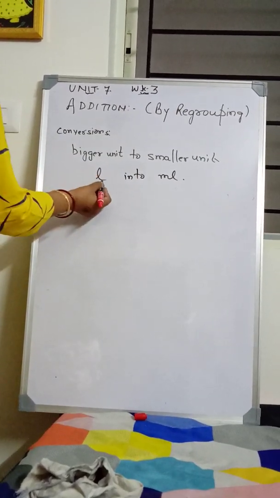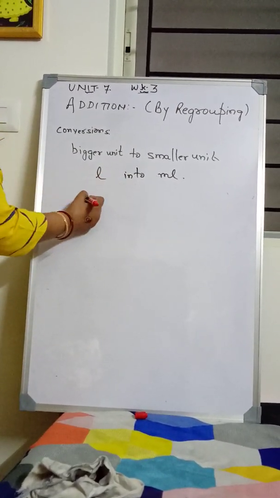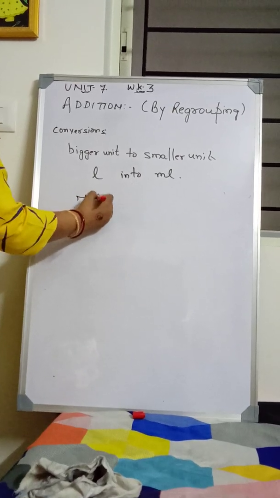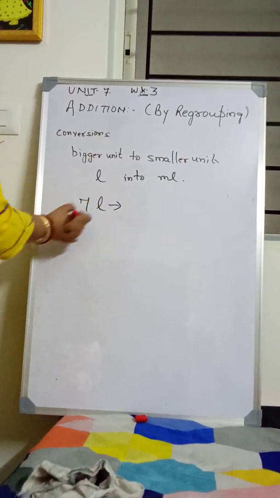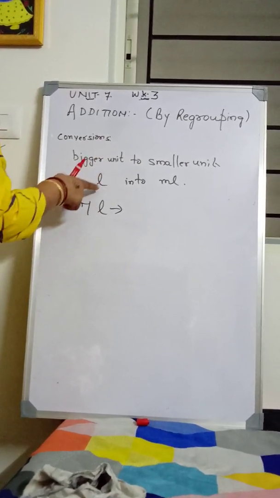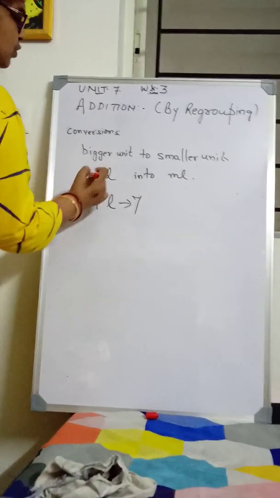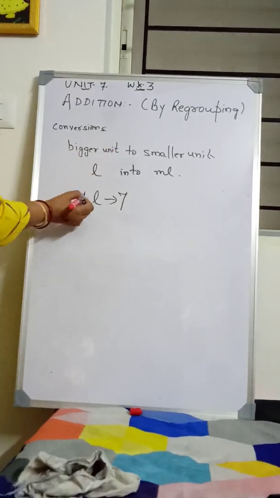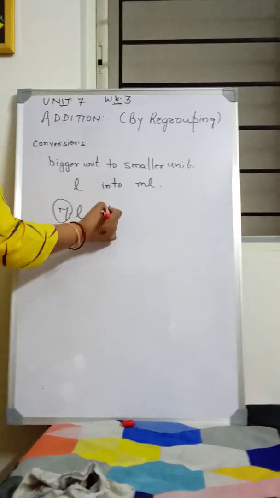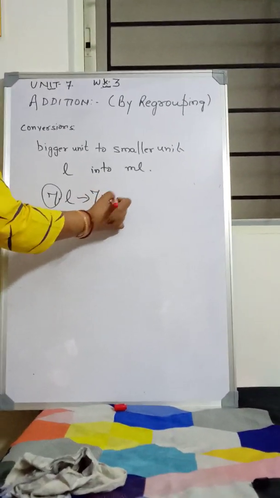So in order to convert liter into milliliter, what we will do? For example, 7 liter. So in order to convert from bigger unit to smaller unit, we used to multiply what? The number of liter, that is number of the bigger unit, is multiplied.